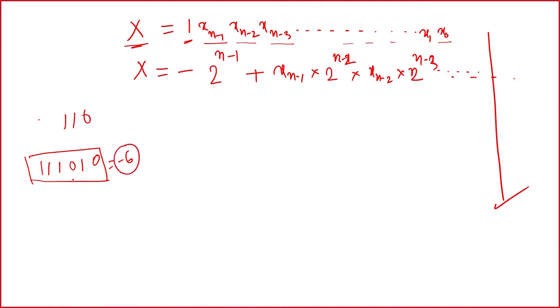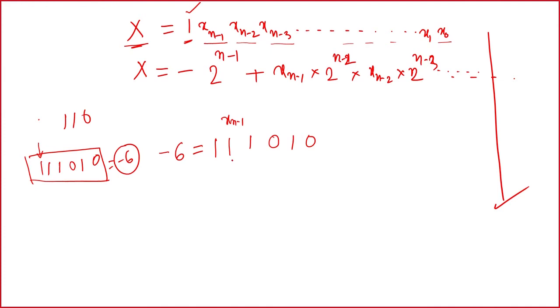So, therefore, any negative number must have 1 in the sign bit, that is, I am writing 1 here. And then x n minus 1, whatever the value is. In this case, we can write minus 6 equal to 1, and then x n minus 1 is 1. So this is the x n minus 1 position, next is x n minus 2, this is also 1, and then 0 1 0.